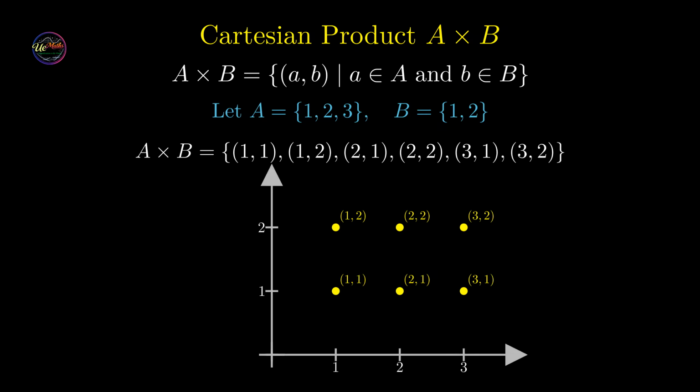Here, set A contains 1, 2, 3 and set B contains 1, 2. So, the Cartesian product A cross B contains 6 elements, meaning 6 ordered pairs. These are (1, 1), (1, 2), (2, 1), (2, 2), (3, 1), (3, 2).